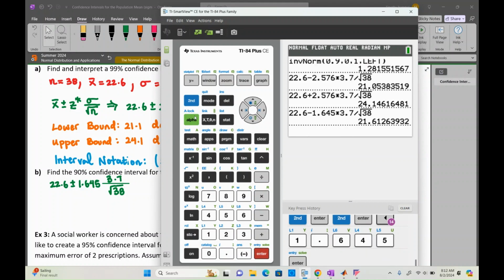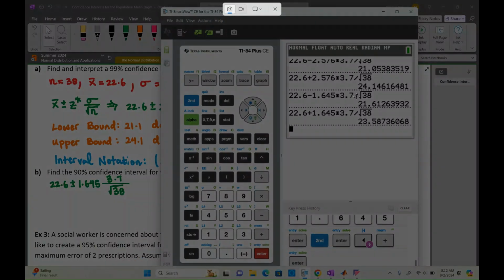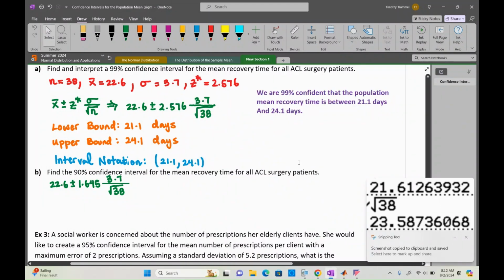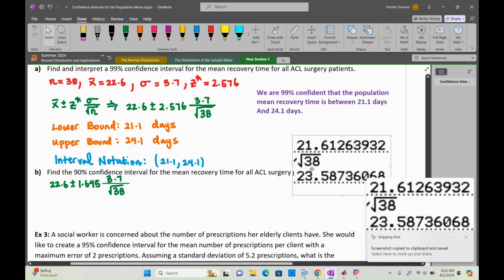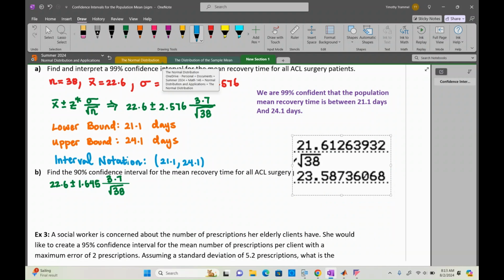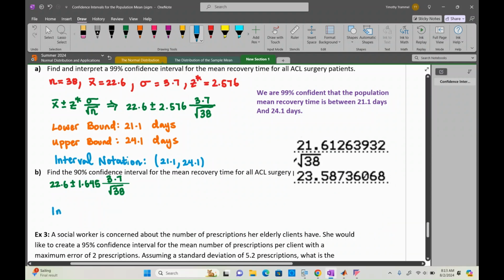So I'll go ahead and hit enter. So there's my new lower bound. And let's get the upper bound here as well. So let's go record these and then we'll talk about this a little bit. And so I might just write it in interval notation this time.